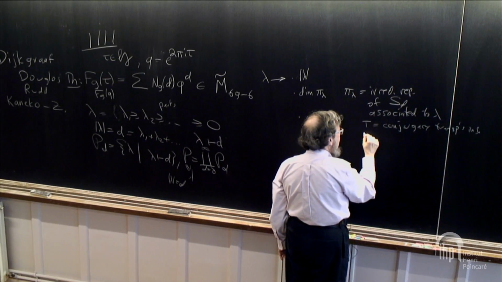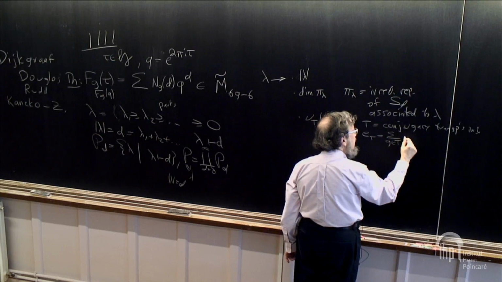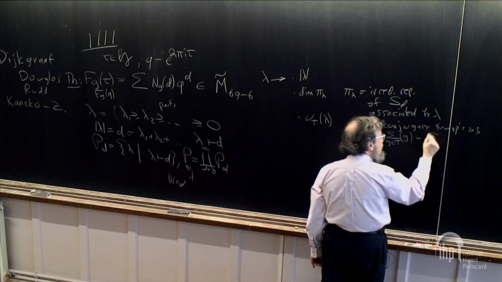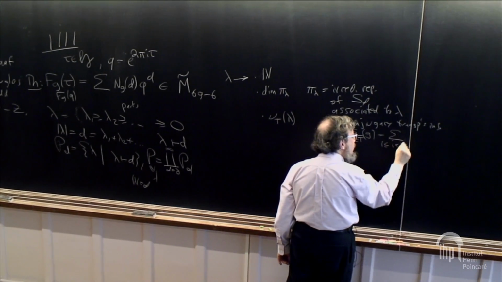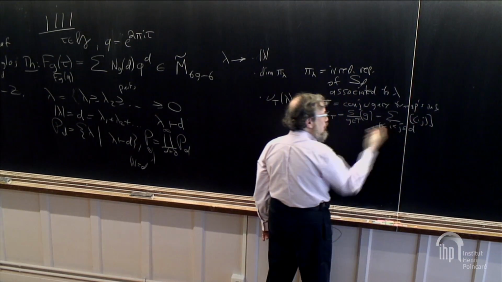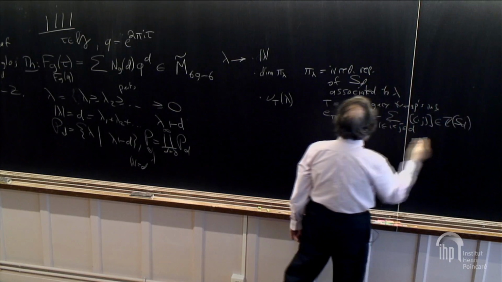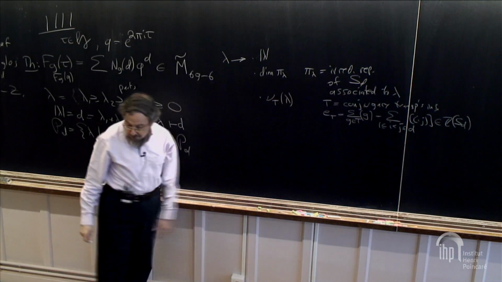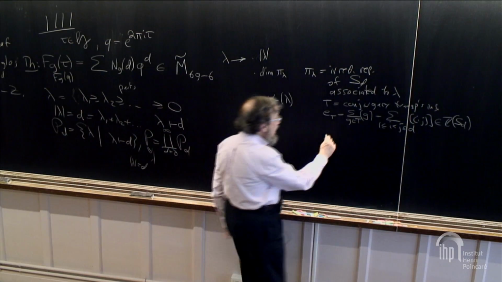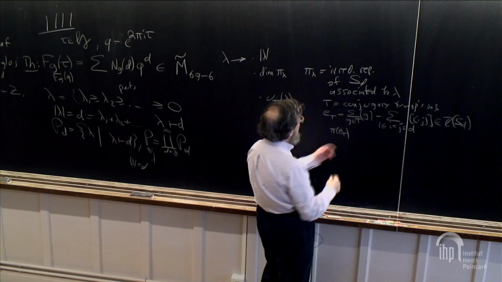And then you have the associated element, let's call it e_T, which is the sum over g in this conjugacy class of g, which therefore is explicitly the sum over i less than j between 1 and d of the class that permutes i and j. So this is an element of the group ring, and therefore it acts on any representation. So it acts on pi_lambda, and so if I take pi of e_T, this is just going to be a matrix.